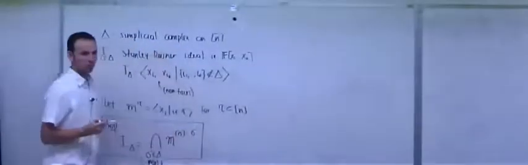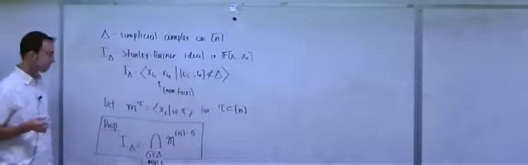And so that means that over here I could also refine this statement and say that sigma is a maximal face. And I'm going to get that decomposition. So that's the statement.